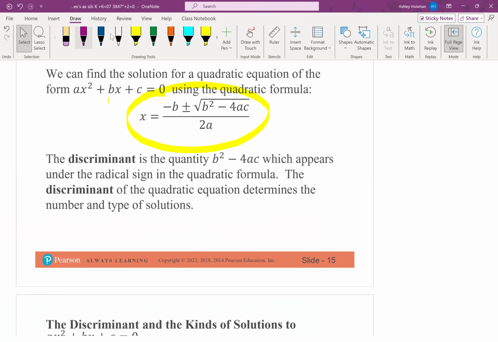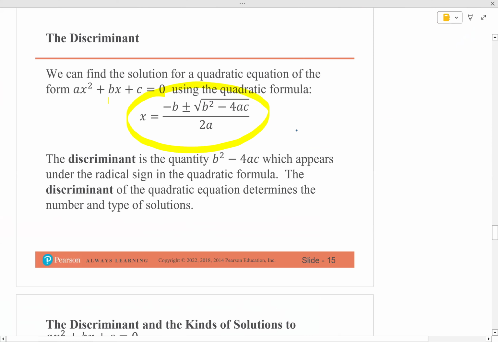the solutions could be nice fractions or whole numbers. Your outcomes of using the quadratic formula are either whole numbers or fractions, which is nice.